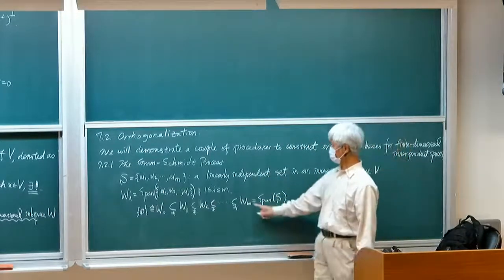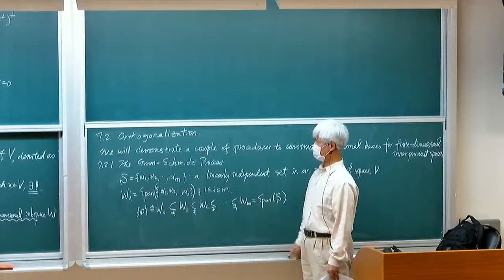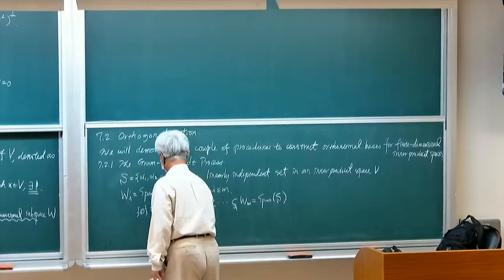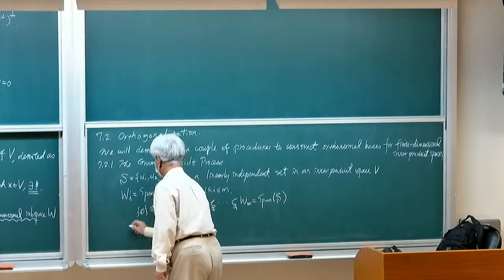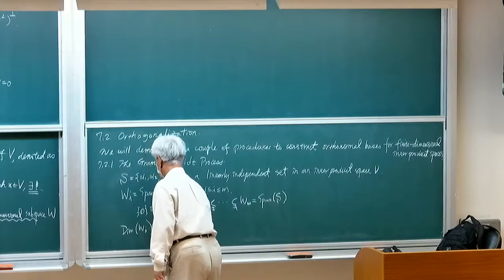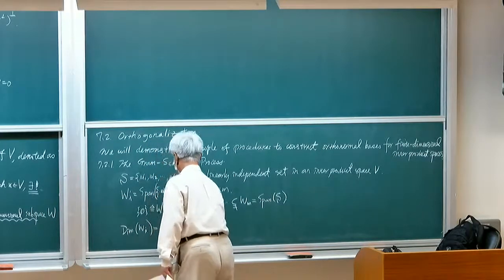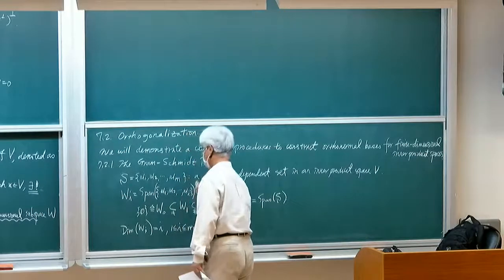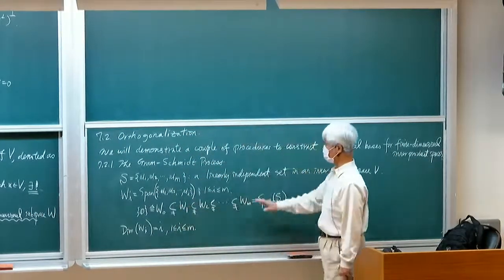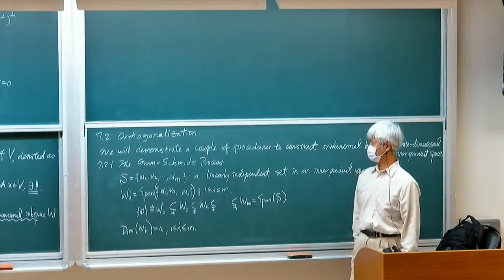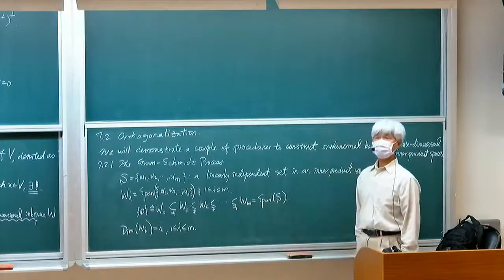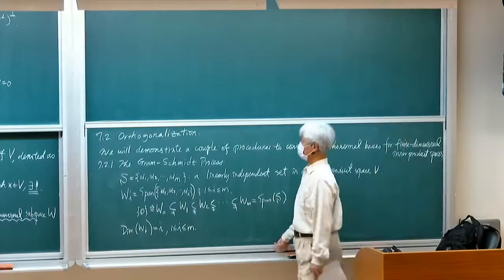So Wm is the span of S here. And from here, you can see the dimension of Wi is equal to i. So we have an increasing sequence of subspaces becoming bigger and bigger.